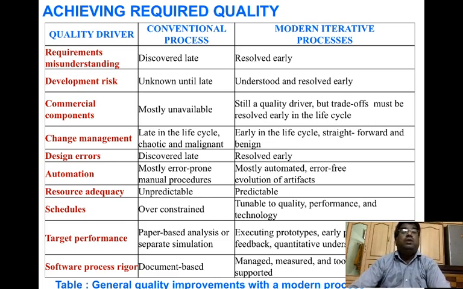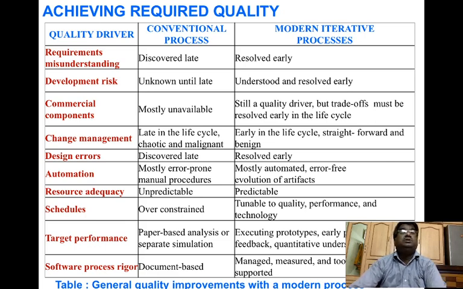So whatever risk is identified at the end, rectifying it will take more time. Again, you have to come back to the first phase, so cost and schedules are exceeded. That's why it is a very risky model. In case of modern, risks are understood and resolved early. All development risks are identified very early.